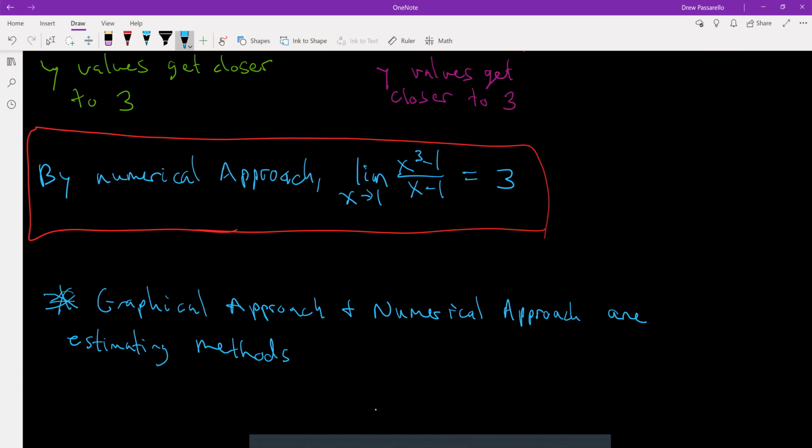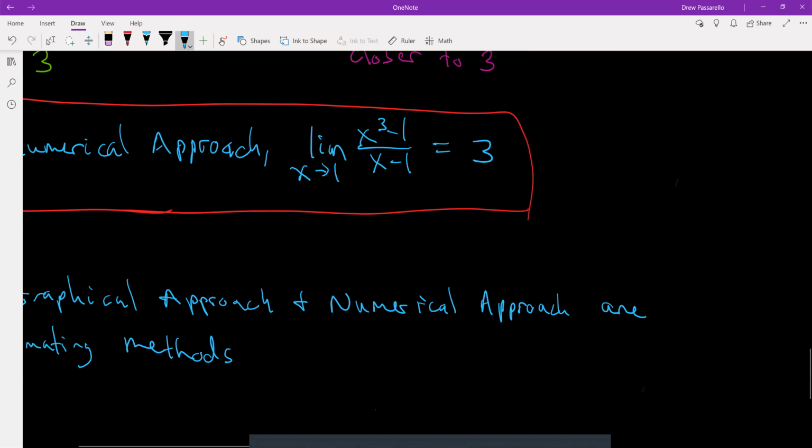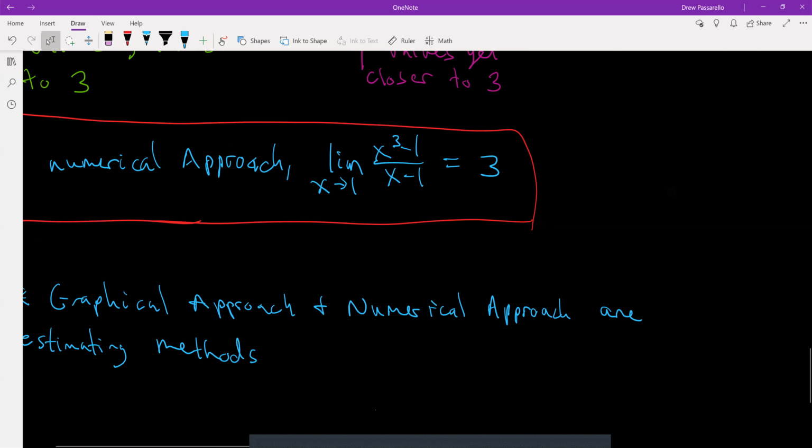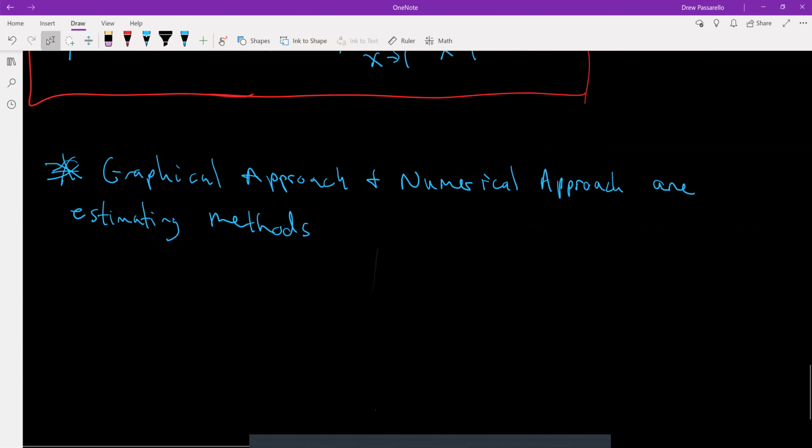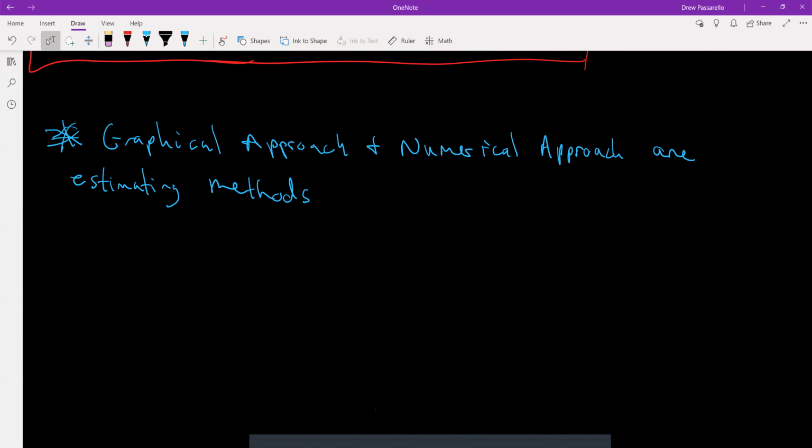All right, so they're not foolproof, I guess is what I'm saying. They're not exact. So we'll learn after this section to be more exact.